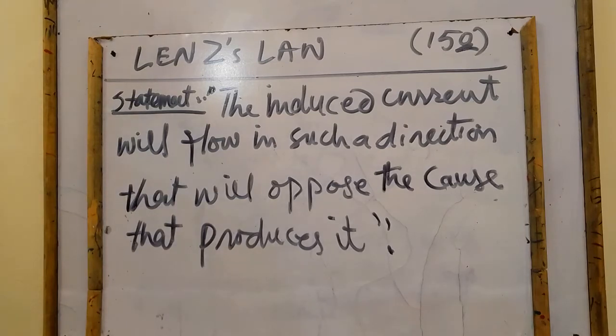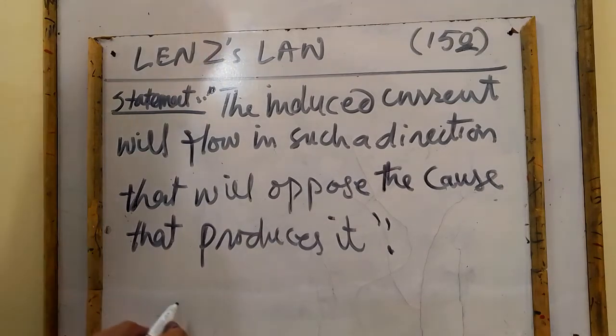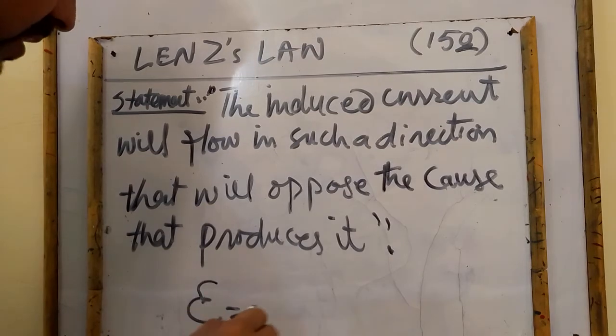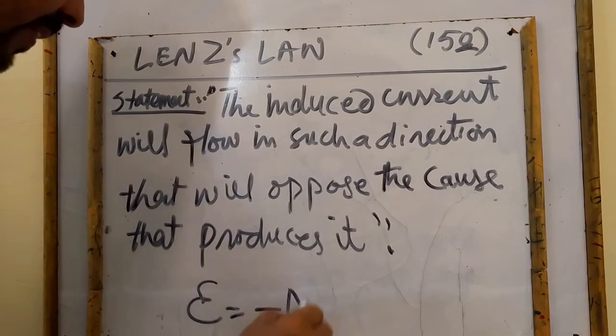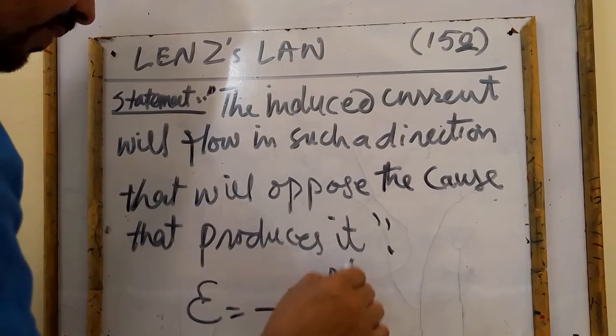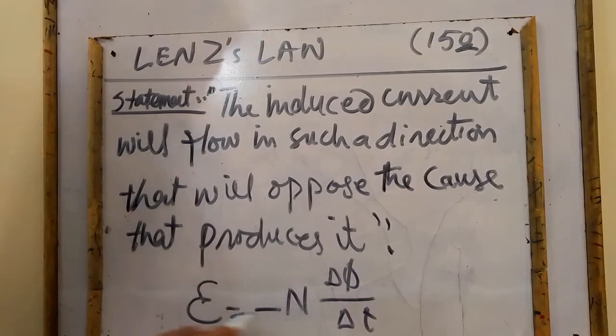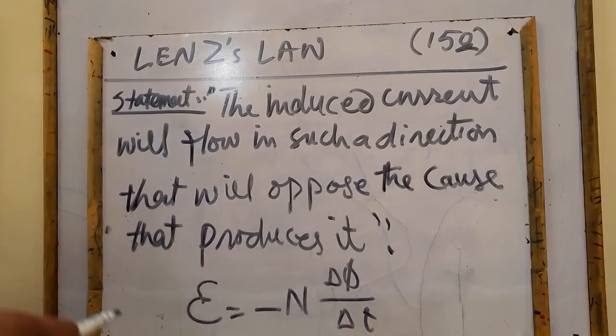To explain this, let me remind you of an equation which we had already explained in the previous topic, that is minus N delta phi divided by delta t. This is in fact Michael Faraday's law of electromagnetic induction.